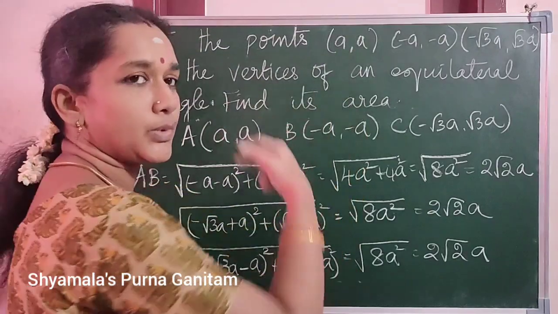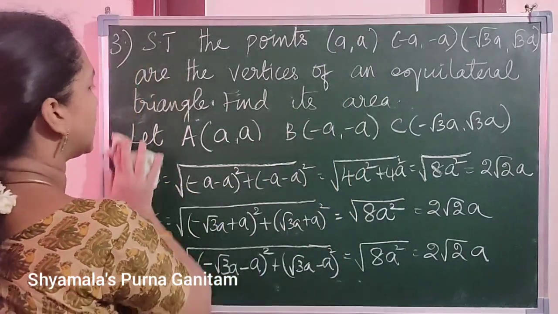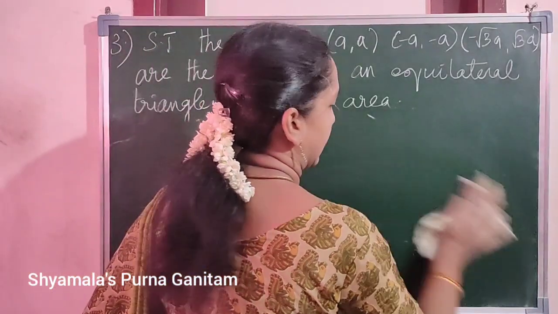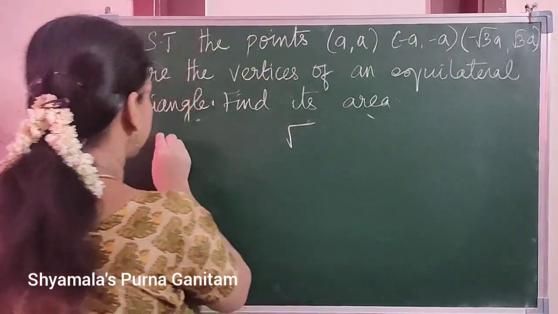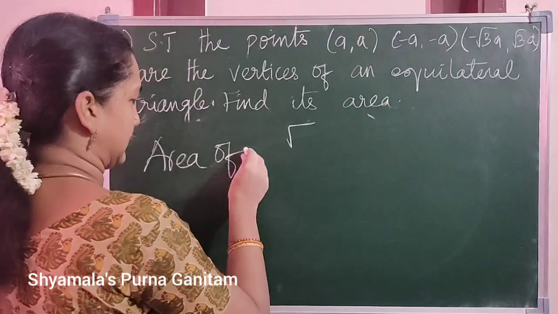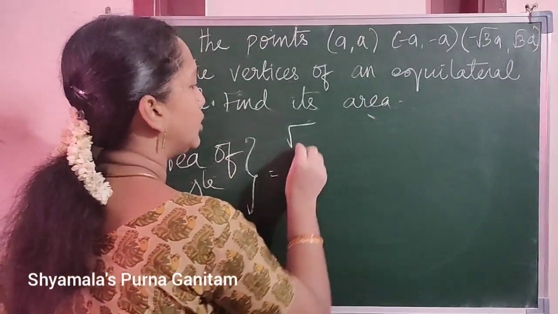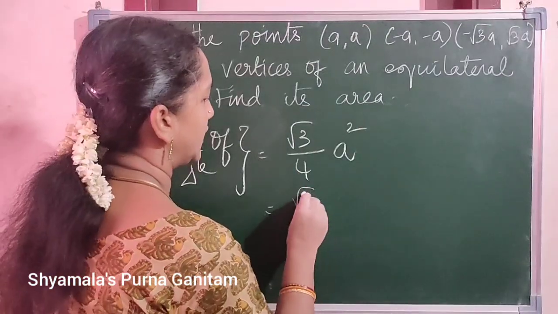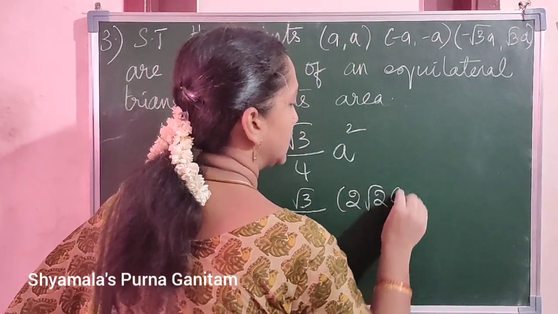But one more question is also given: to find its area. So what is the formula to find the area of an equilateral triangle? The area of an equilateral triangle is root 3 by 4 a squared. You have learnt this already in class 9. So root 3 by 4, with a as 2 root 2a, the whole square.